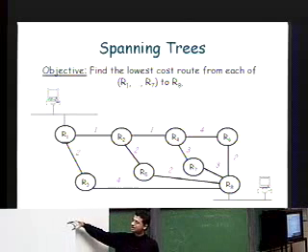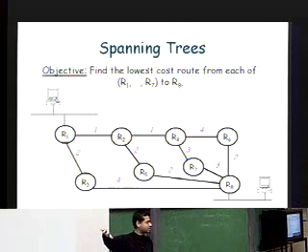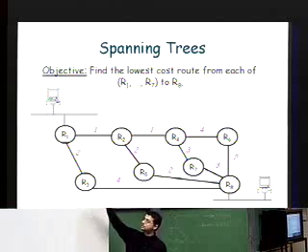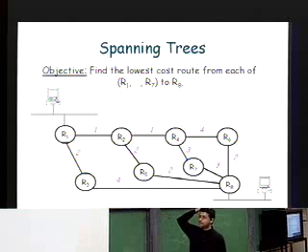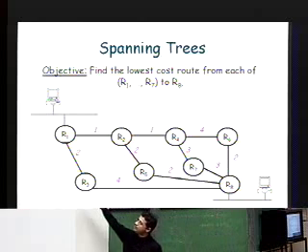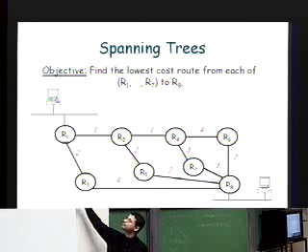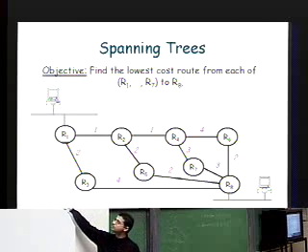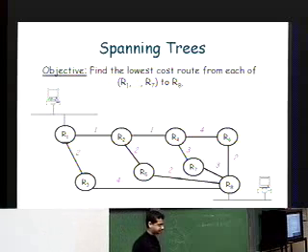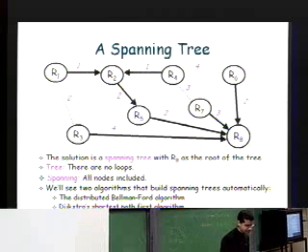And by spanning we mean that all the nodes of the graph are in the tree. So the solution of finding the right route is to construct the lowest cost spanning tree from each of the nodes to the destination node. So let me explain that.